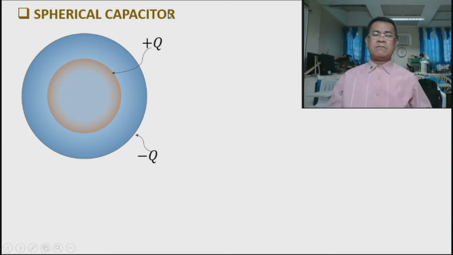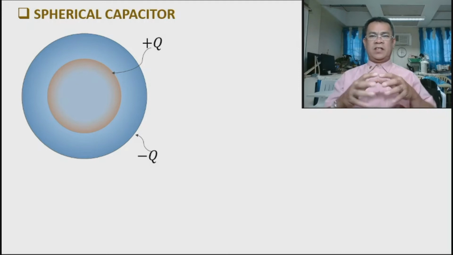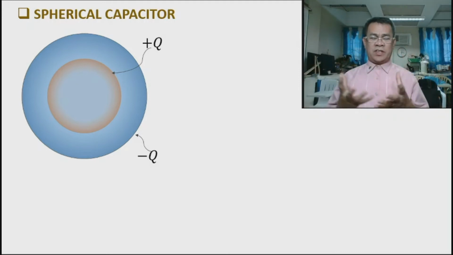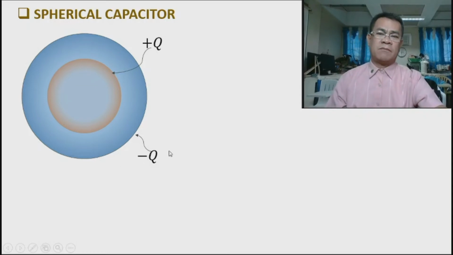Again, we have a hollow sphere with a positive charge. Then we enclose that positively charged hollow sphere with another hollow sphere, which is negatively charged. If the spheres are conductors, then we can call this a spherical capacitor.